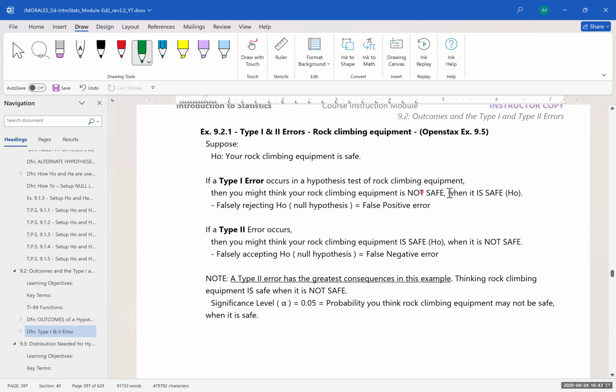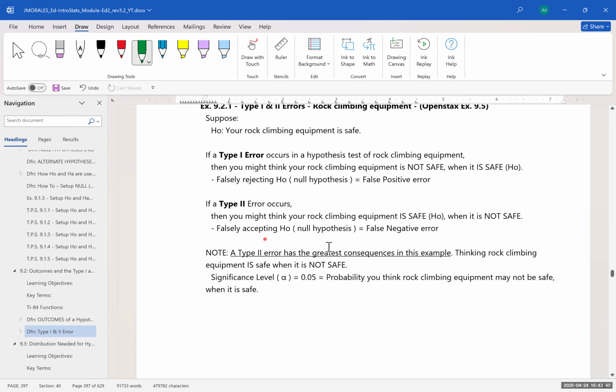So that would be a false positive. If a type 2 error occurs, then you might think your rock climbing equipment is safe when in fact it is not. So falsely accepting a null hypothesis leads to a false negative error.